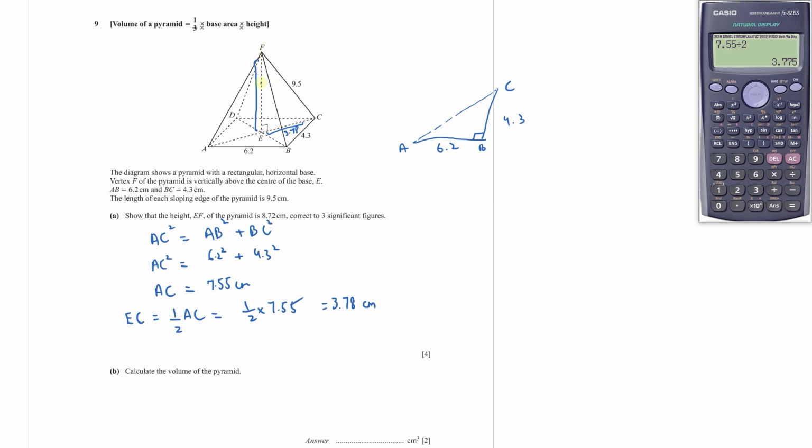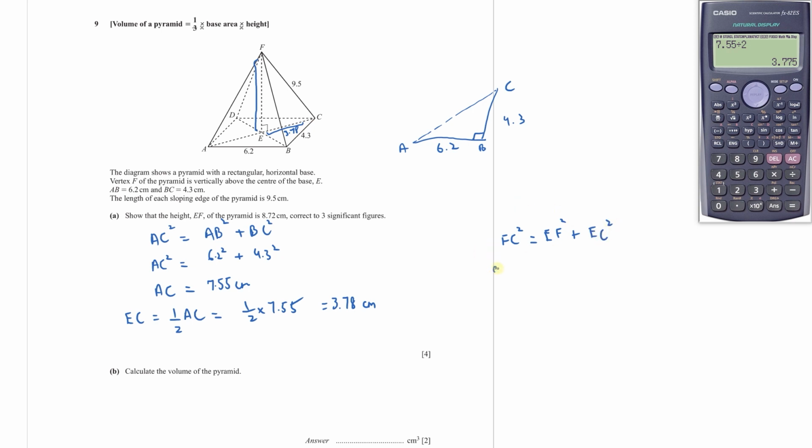Now if I use this triangle FEC, FC is the hypotenuse. So FC square equals the sum of the squares of the other two sides. So we have EF square plus this length EC square.